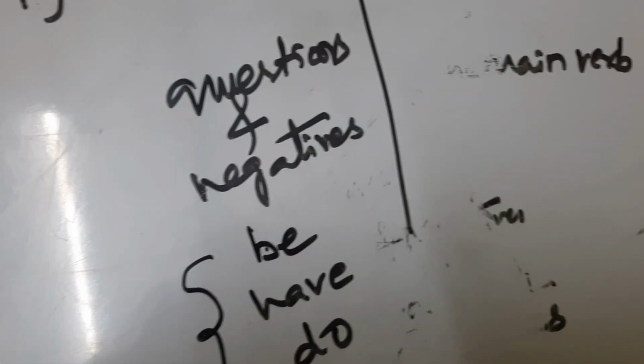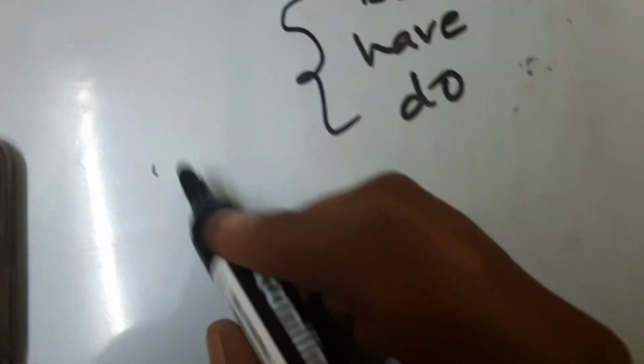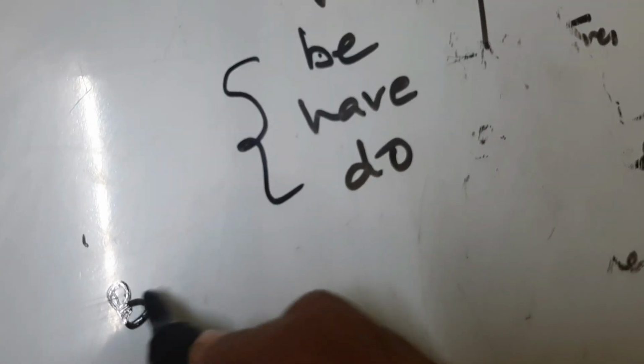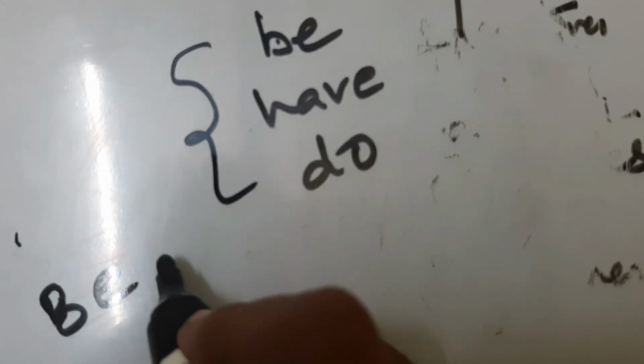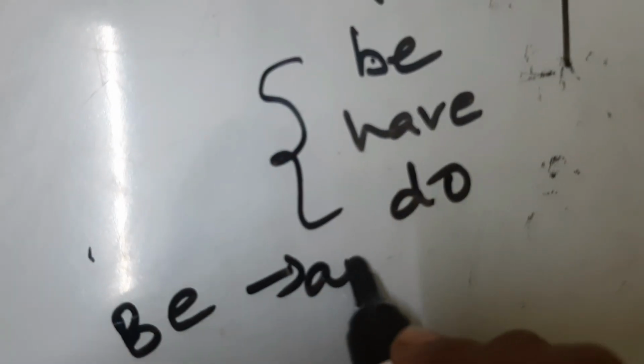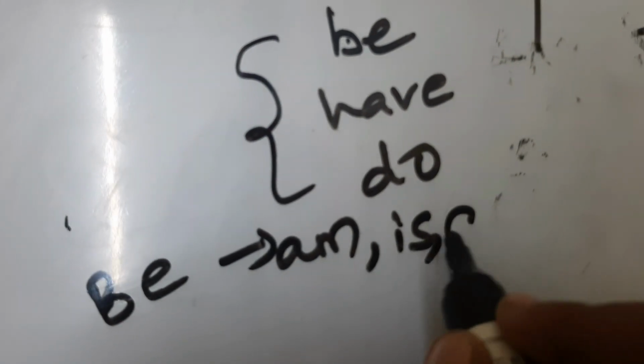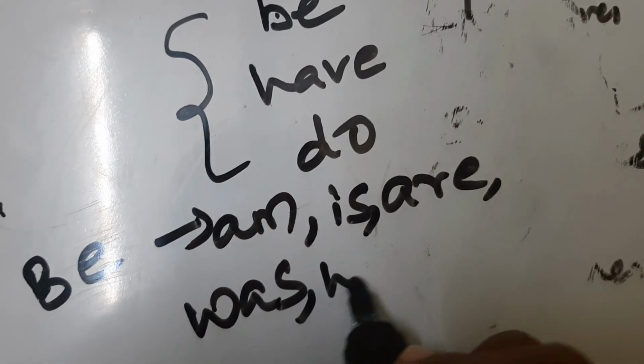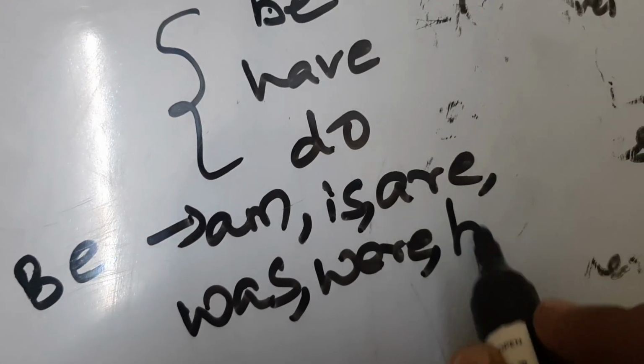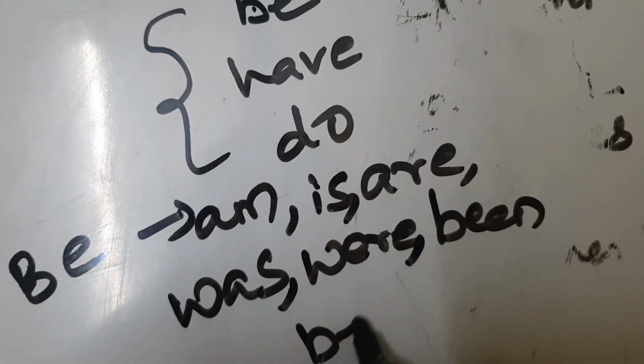And where do we use these primary helping verbs? Suppose we take be, it is connected with am, is, are, was, were, been, and being.